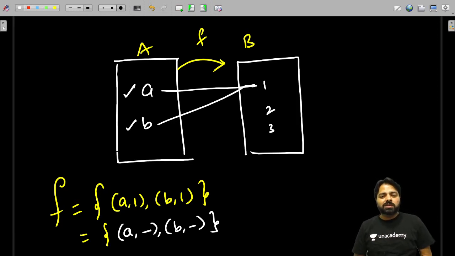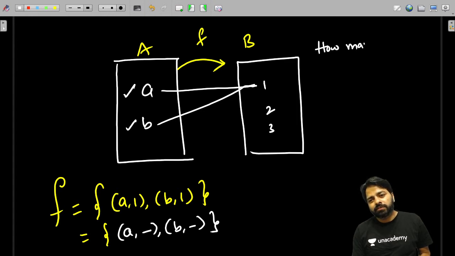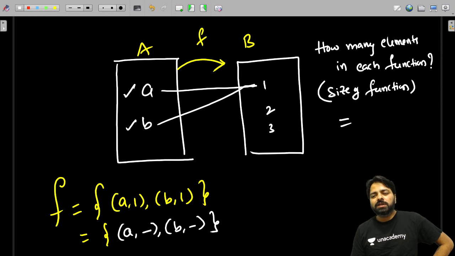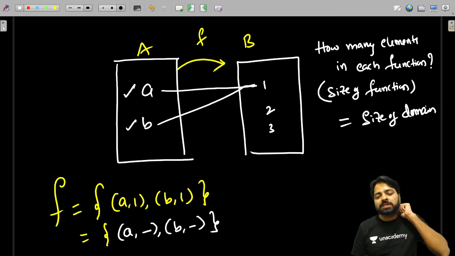So if anybody asks how many elements are in each function, that means how many mappings, that means what is the size of the function? Size of the function is equal to the size of the domain, because the number of pairs is nothing but the number of elements in the domain.